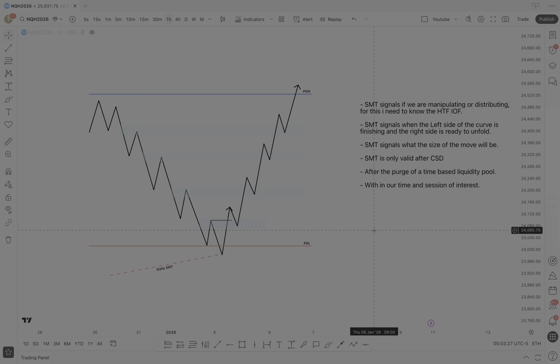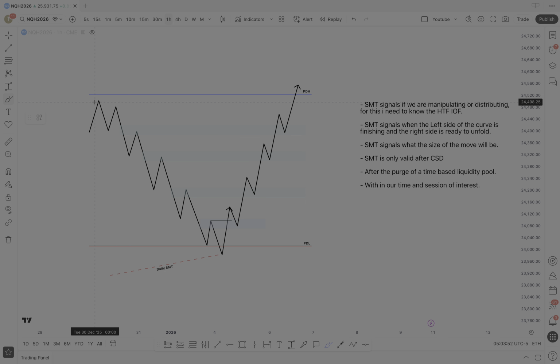And what I want you guys to understand is this is all fractal. So that means that this can be a yearly chart, an hourly chart, or even a 1 minute chart. If I see SMT, so I know that once the market is manipulating, it's going in a short-term sell program. Let's say you want to align yourself with that sell program.